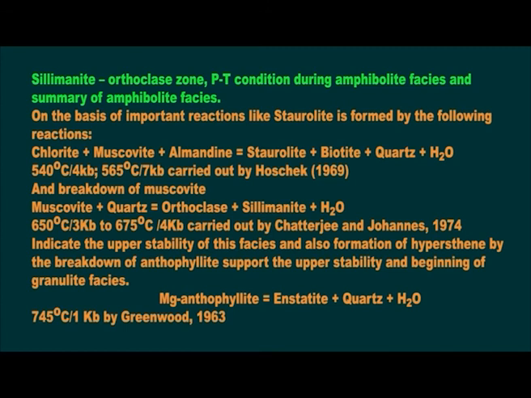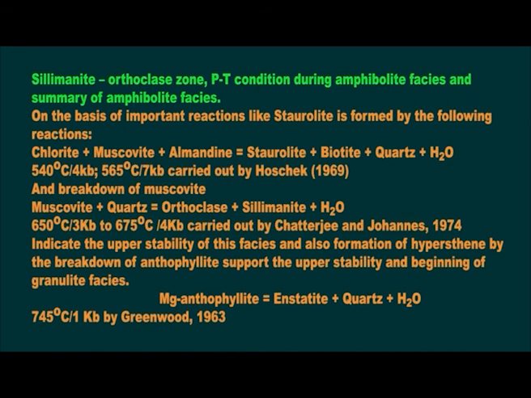And breakdown of muscovite, muscovite plus quartz give rise to orthoclase plus sillimanite plus water, 650 degree centigrade 3 kilobar to 675 degree centigrade 4 kilobar, carried out by Chatterjee and Jones 1974, indicates the upper stability of this facies. Also formation of hypersthene by the breakdown of anthophyllite supports the upper stability and beginning of granulite facies.